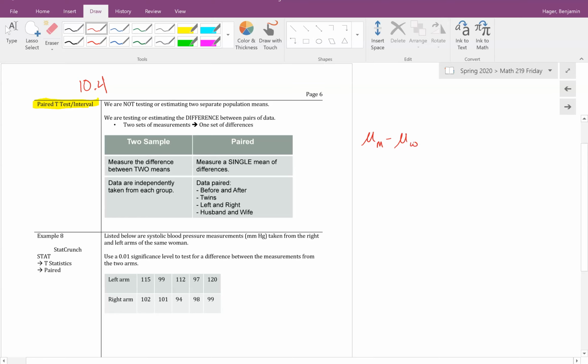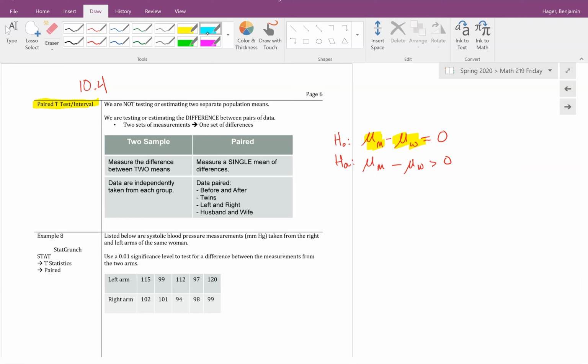Okay, and so maybe our null was that there's no difference in the average height. The difference is 0. And the alternative was maybe that the average height of men was greater than women. So if I were to subtract these, I'd get a positive value, something like that. We were comparing the averages of two different groups, okay, whether it be a hypothesis test or a confidence interval.